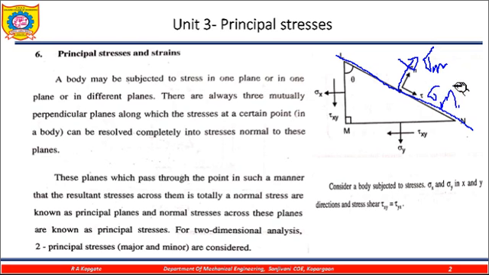So that is called the principal stresses, principal along my principal plane, so that is the normal. So principal major stress and principal minor stress, these are to be calculated, these are to be considered here.